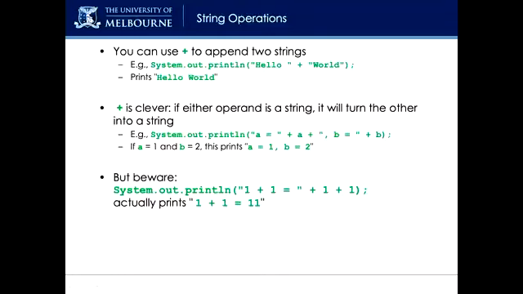So we have string operations. As I mentioned before, strings are unique in Java in the sense that they can be utilized as objects without having them defined explicitly as an object, because they just are. In so doing, if you add anything to a string, if you concatenate anything onto a string, Java tries its best to make that value that you're trying to add to it become part of that string.